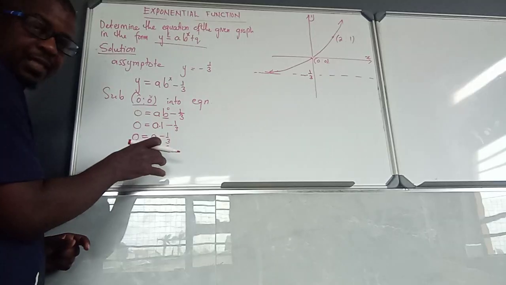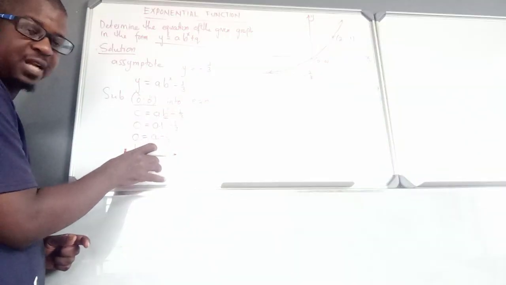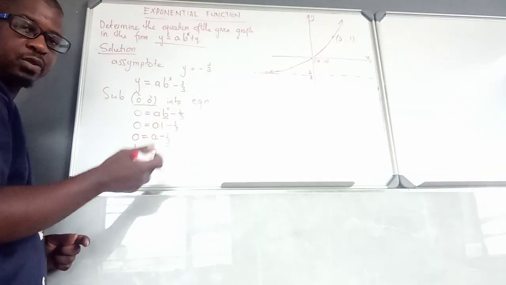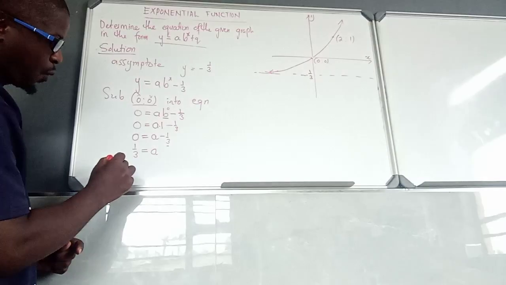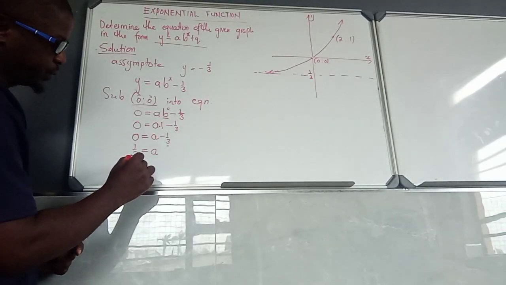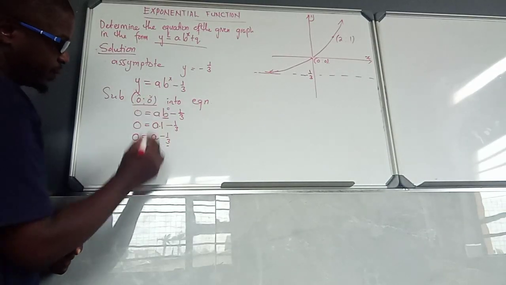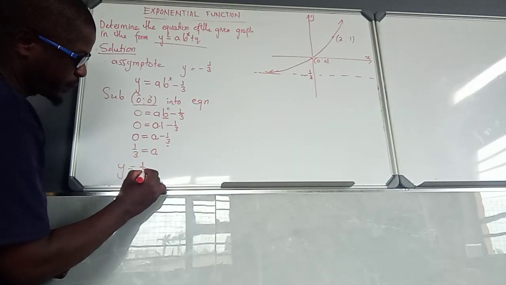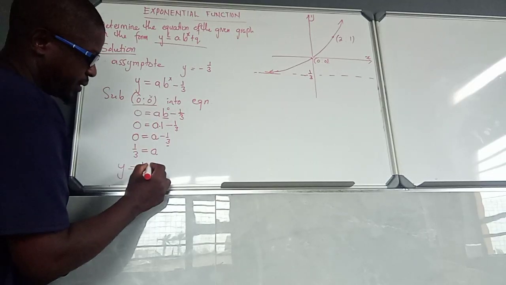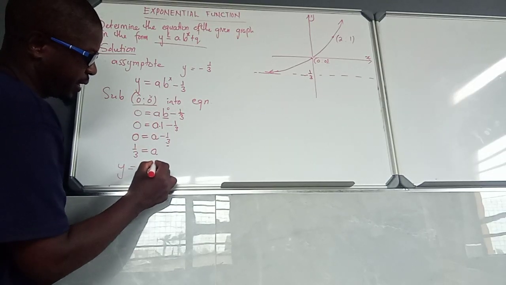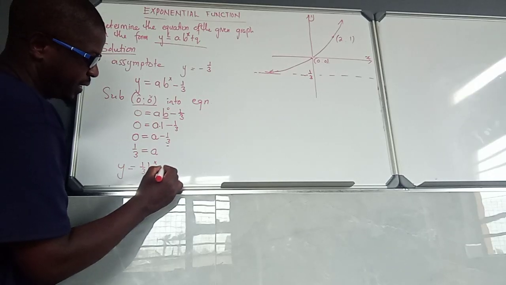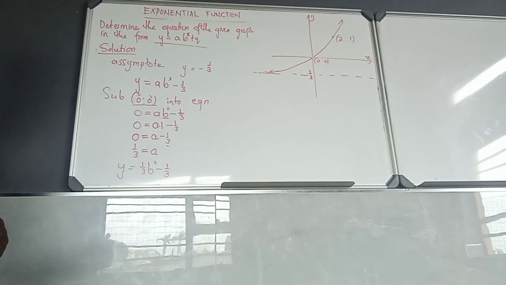I'm going to take this value of a, which is a third, and substitute it again into the equation. So I'll have y is equal to a third times b to the power of x minus a third, like this.